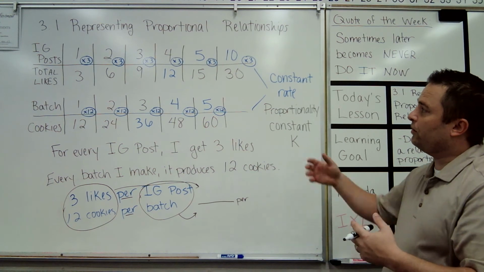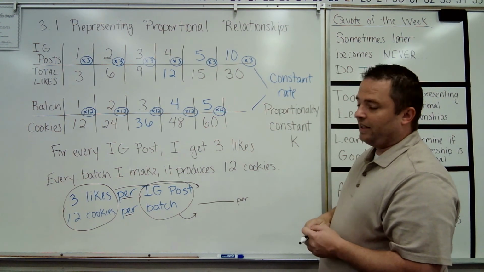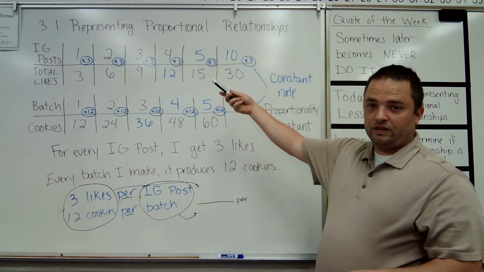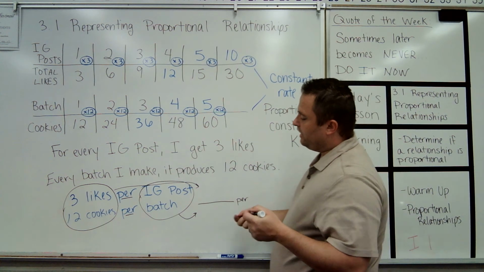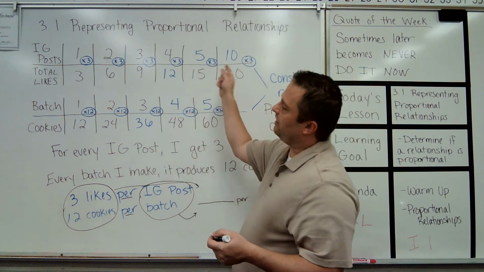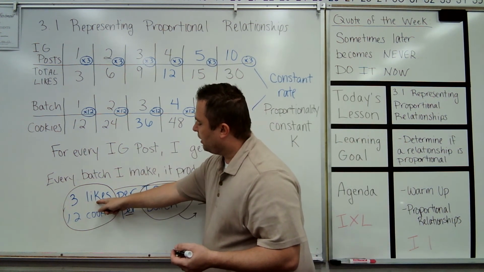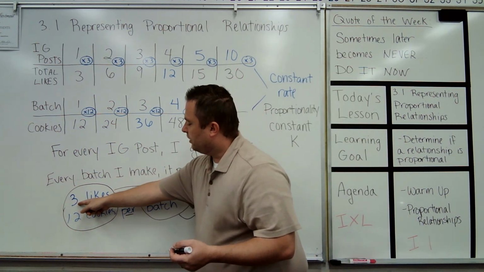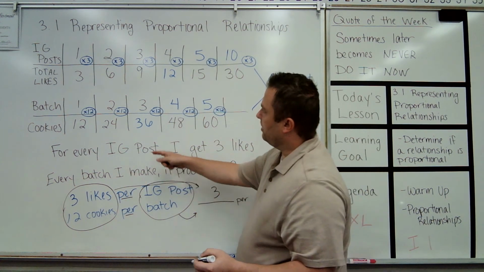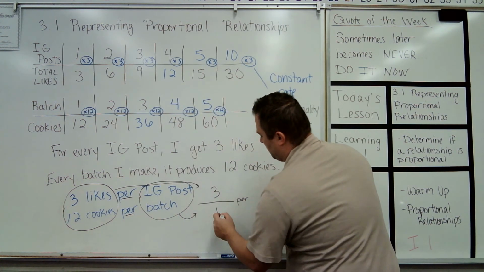So for example, we already know that the proportionality constant is 3 and the proportionality constant is 12, but that won't stop us from proving it to ourselves that this is true. So in the case of the 3 likes per Instagram post, I can take anything in this table and simply say the number on top is the 3, and the number on bottom, well, if that one was on top, that one goes on bottom. 1.